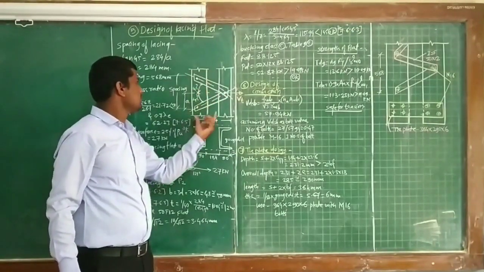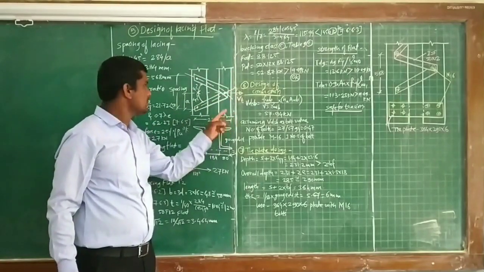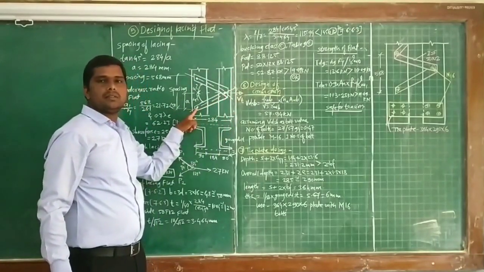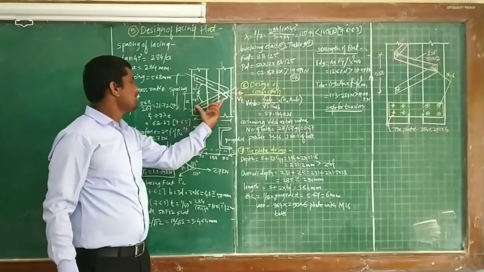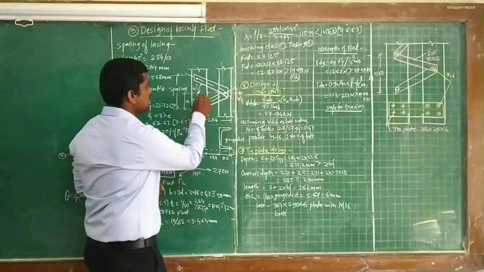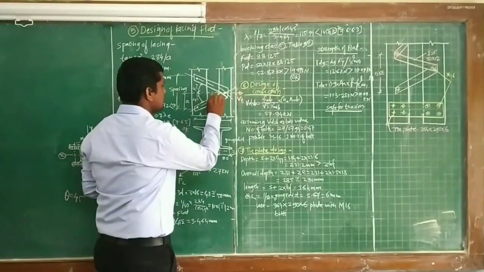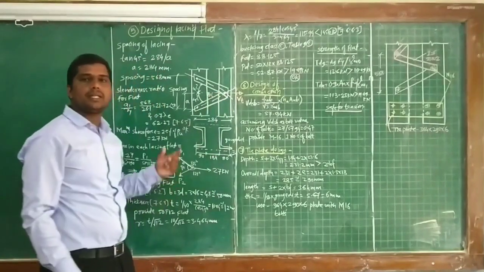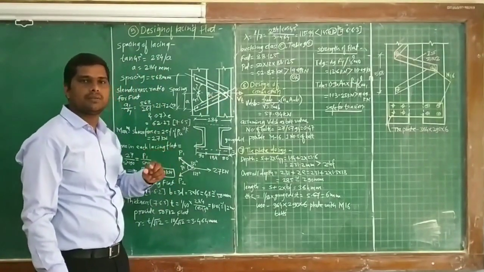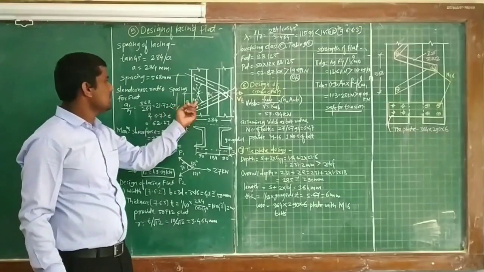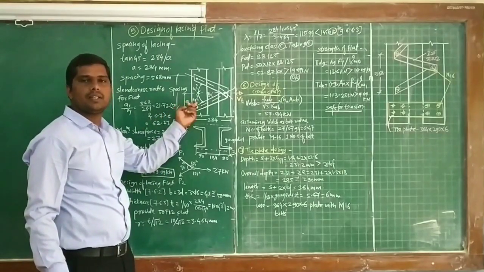Here two columns are erected in vertical position, and the lacing flat is joined between these two columns at this angle to the horizontal. Theta is to be assumed in the range of 40 degrees to 70 degrees, so we have assumed theta is equal to 45 degrees.